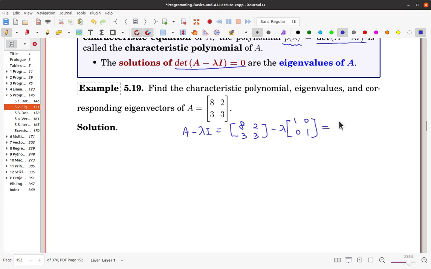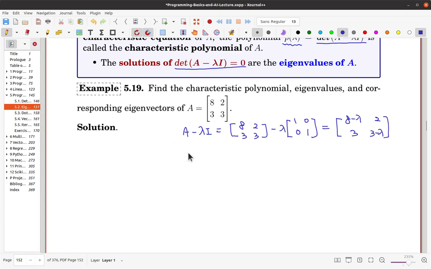So here we get the matrix, and along the diagonal we subtract lambda. So there's 8 minus lambda, 2, 3, and 3 minus lambda.